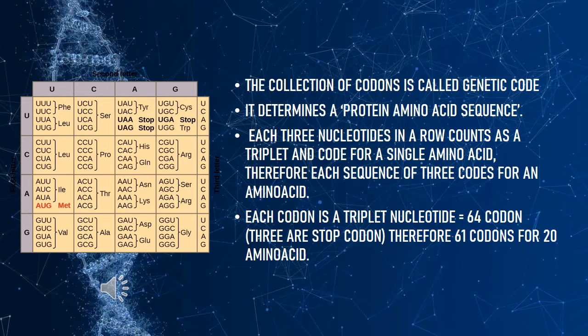Each codon is a triplet nucleotide, that is 64 codons, out of which 3 are stop codons, therefore 61 codons for 20 amino acids. On the side is given a table showing the amino acids with their coding codons.